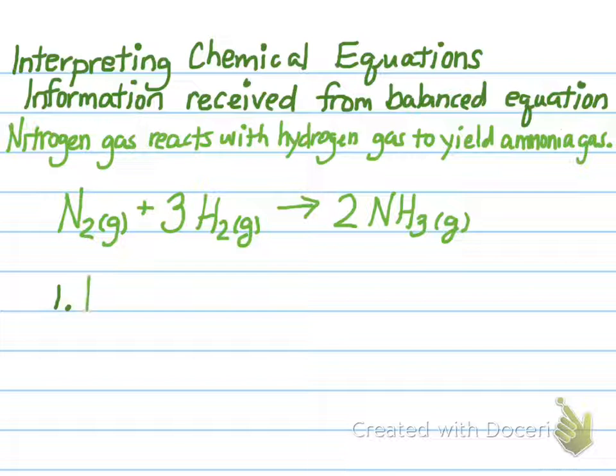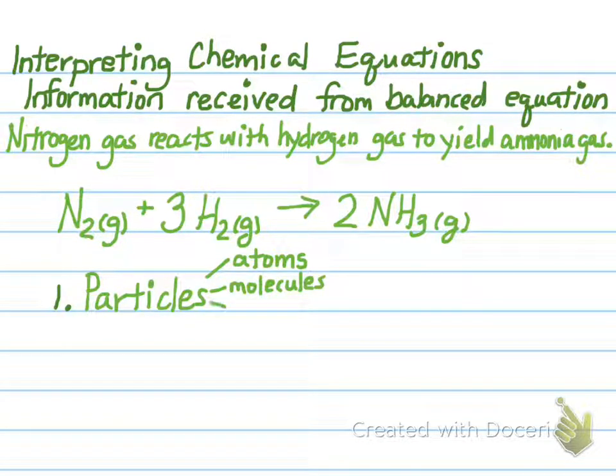One of the types of information we can get from all balanced chemical equations is our number of particles. Now, the particles we're talking about depends on the substance. If we're talking about an element, our particles will be atoms. If we're talking about a molecular compound, our particles will be molecules.